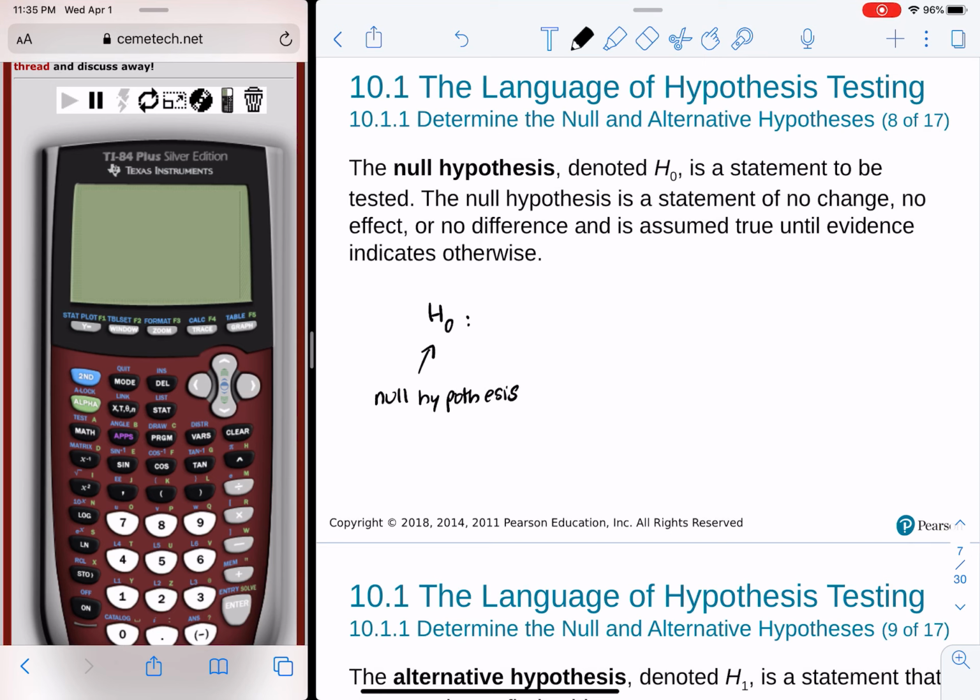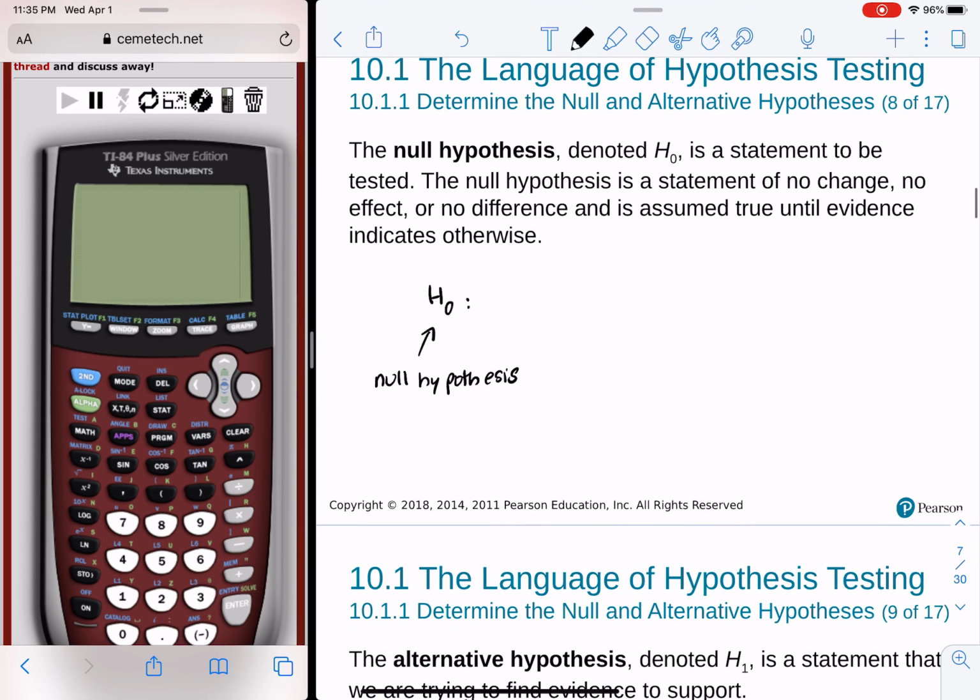And this is more like the reference level for the parameter. For instance, as an example, I can say P equals 0.5. Here, P is the population proportion.